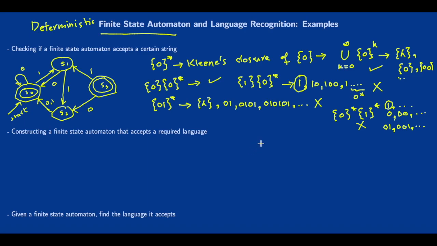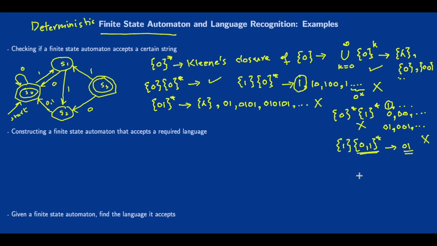And lastly, what about this one? 0 1. Immediately when I see this, I can see that I can make a string which ends at 1, correct? From this. And this one starts with 1. Starting with 1 is not a problem. But the problem is that from here I can make a 0 1, right? And for 0 1 we have seen that anything which ends at 1 is not accepted.